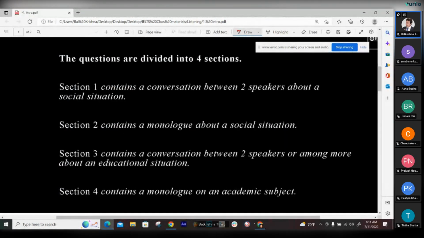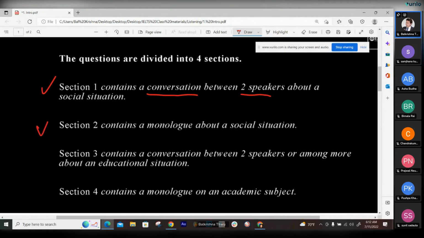Section number 1. The section contains a conversation between two speakers about a social situation in an English speaking country. Section 2.